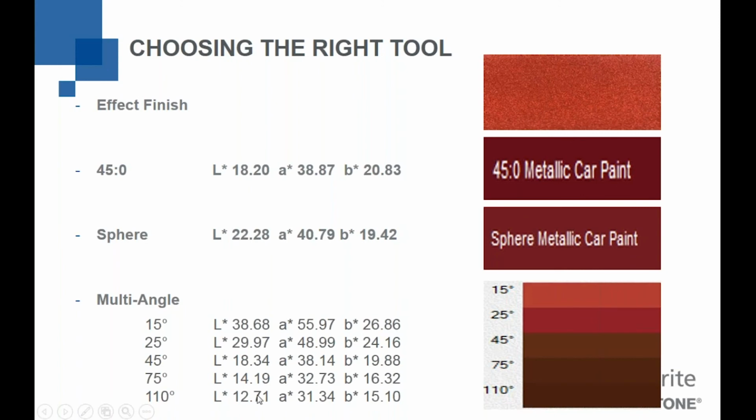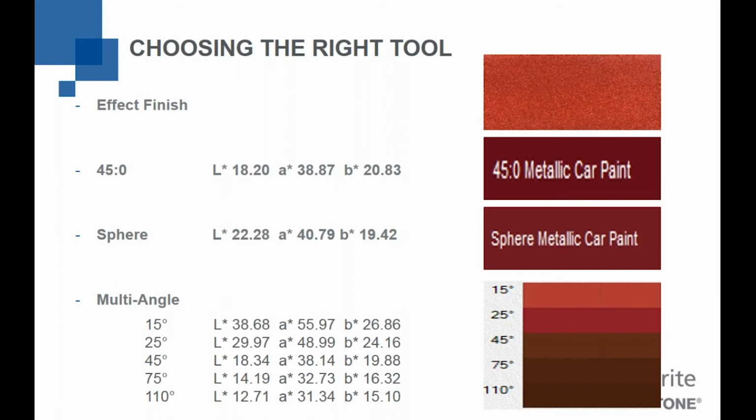We've got a 26 unit swing in L value and a 24 unit swing in the A value and an 11 unit swing in the B value, just based on what angle I'm at. So if I'm producing this metallic color specifically to achieve that, then I probably want to be able to measure those various angles, tolerance around them, monitor them, and control them as best I can.